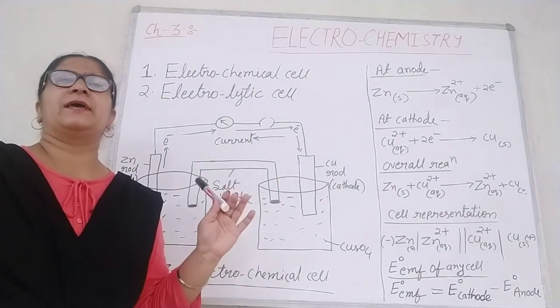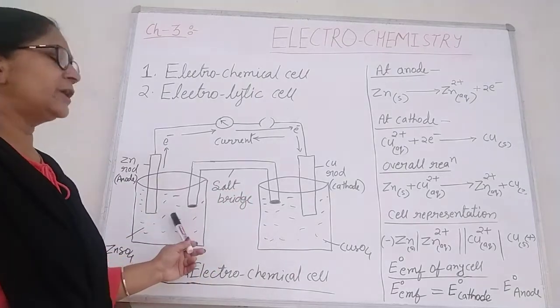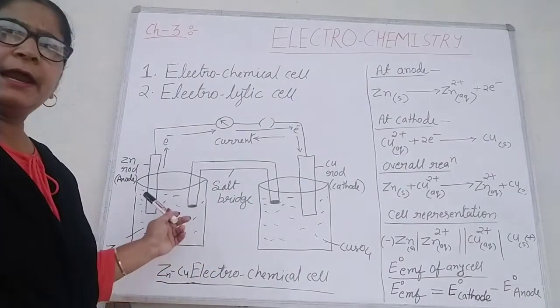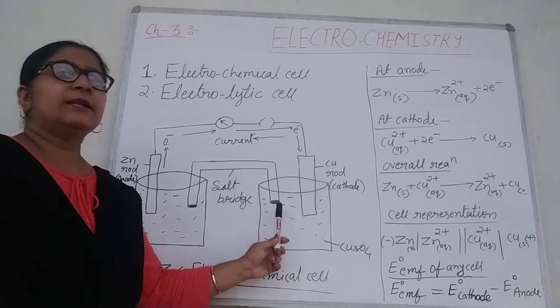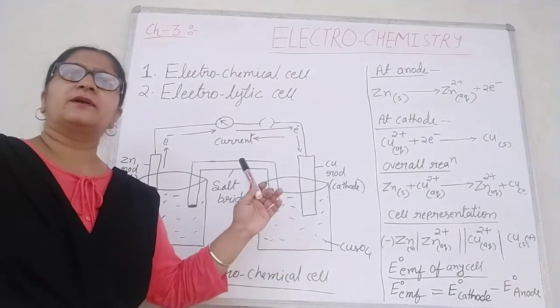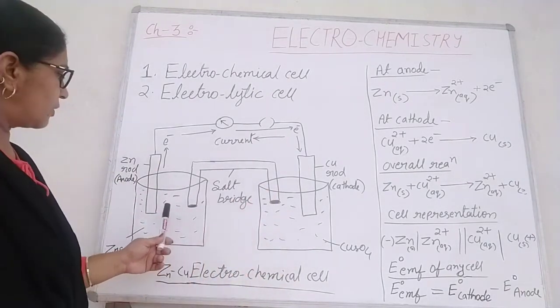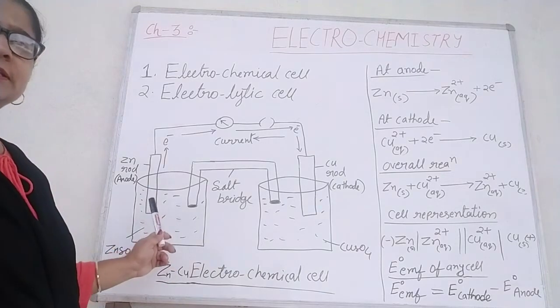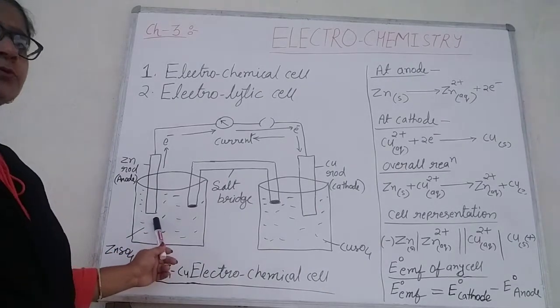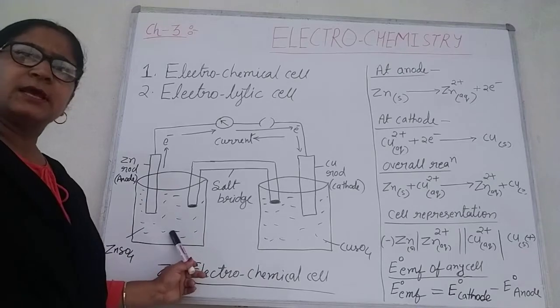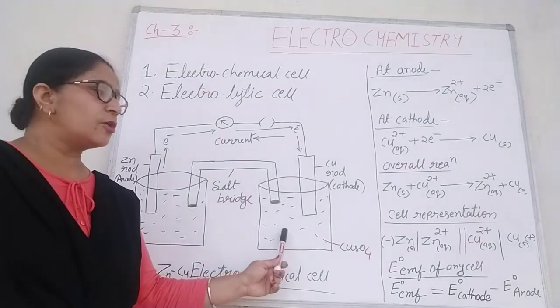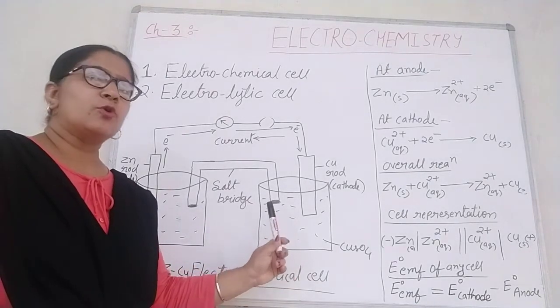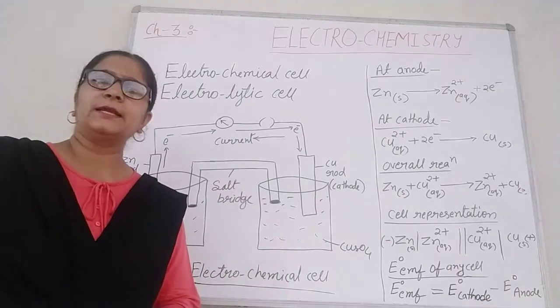Also we will see that zinc rod will lose its weight and copper rod will gain its weight. The concentration of zinc ion in zinc sulfate solution will increase and the concentration of copper ion in copper sulfate solution will decrease.